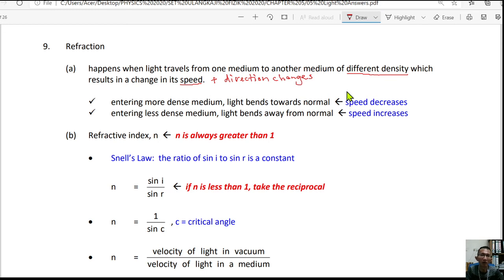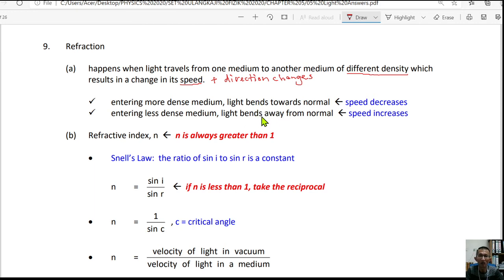When light enters a more dense medium, the light will bend towards the normal, so the speed will decrease. When the light enters a less dense medium, from more dense to less dense, the light will bend away from the normal. So here I'm using the term bend away or bend towards.